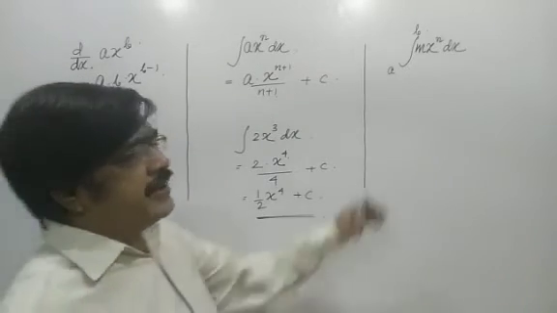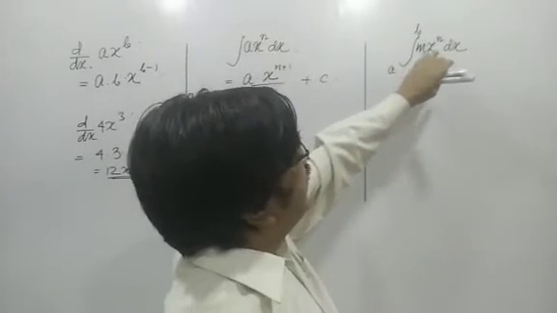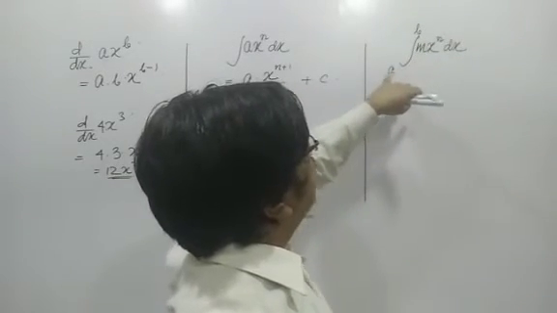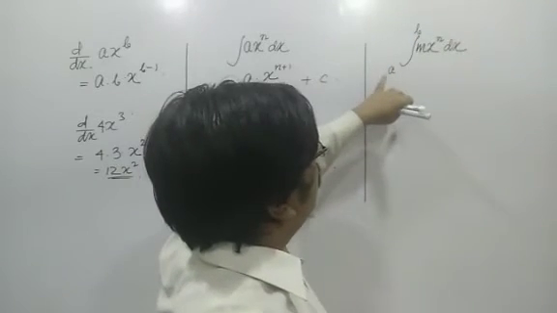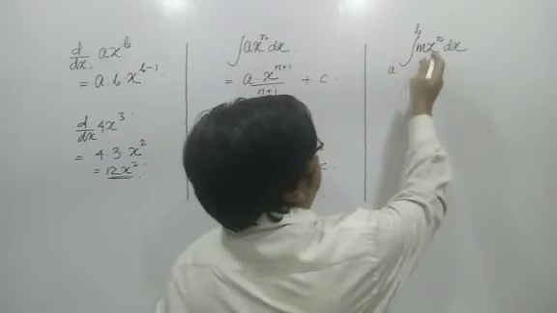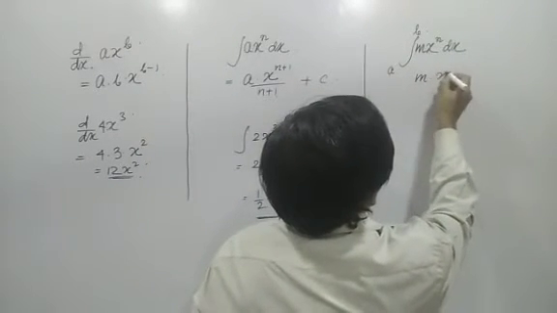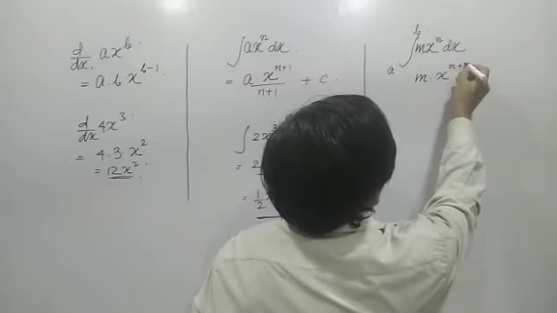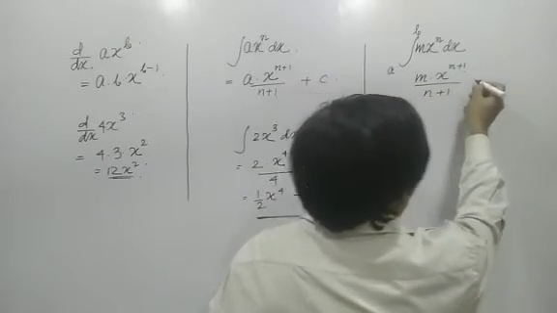Now definite integration. It is also one kind of integration, but the value of x has a very low value and a high value, that means a lower limit and upper limit. It is to be done in the same way. It is m into x^(n+1)/(n+1) plus c.